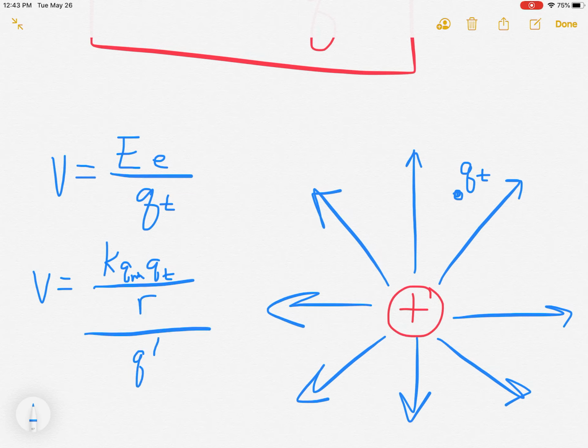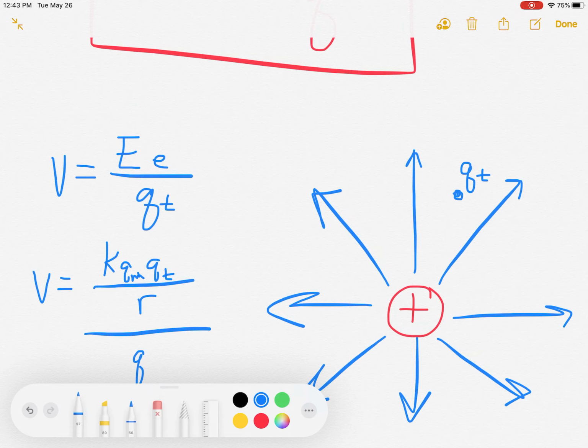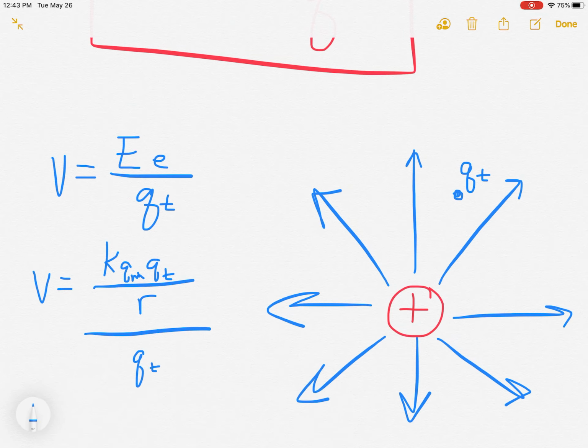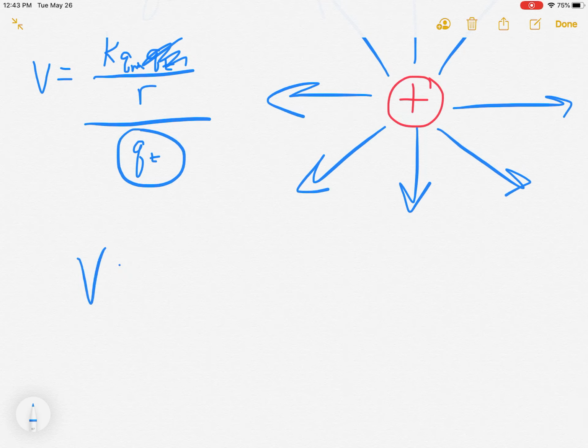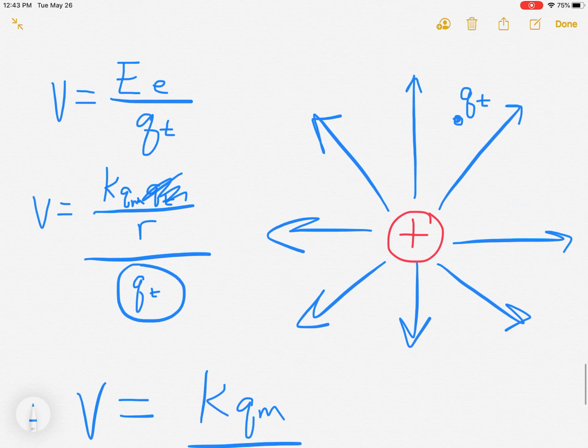Those are the two charges, and the distance between them, divided by Qt, the test charge. That should be a subscript T. Let me fix that. Subscript T. Well, what does this simplify to? Essentially, if you're dividing by Qt, you're just dividing out this term. And so we end up with the voltage at this particular spot is K Qm over R.